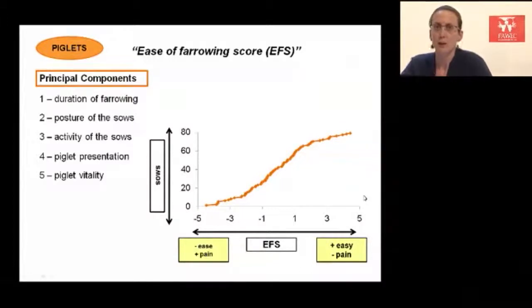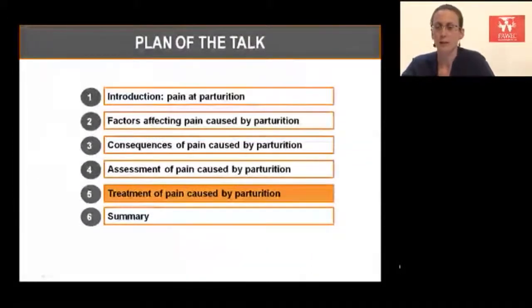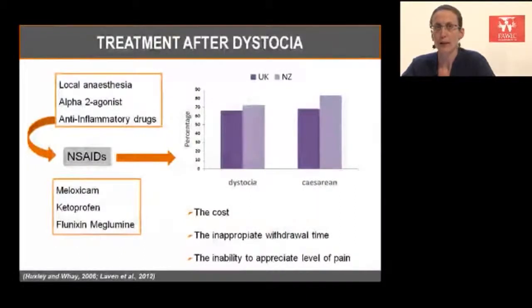And here I'm going to summarize a little bit the treatments of pain caused by parturition. So in general, for the treatment of pain, we have the local anesthesia, the alpha-2 agonists, and the anti-inflammatory drugs.